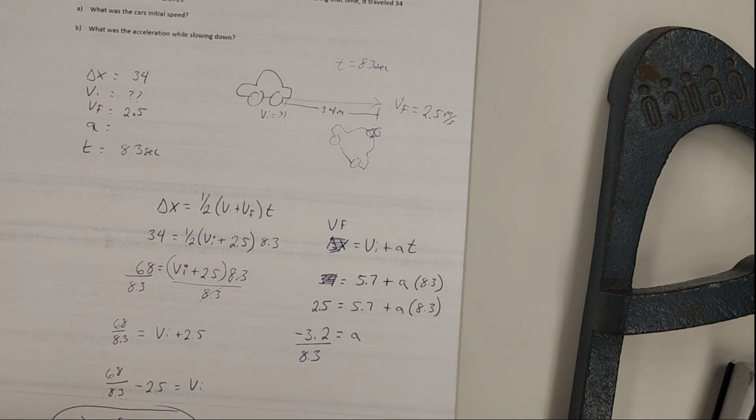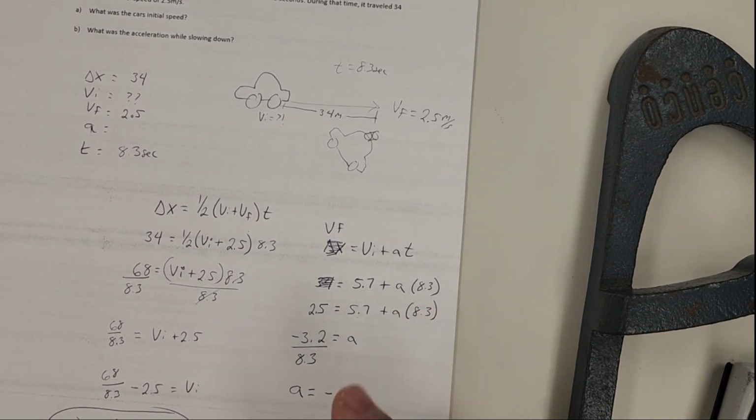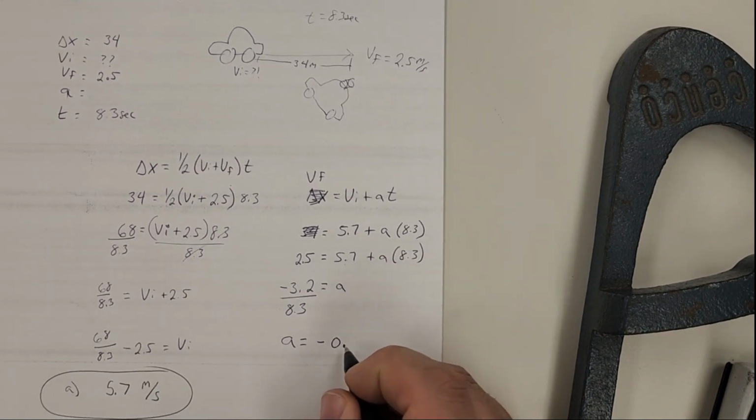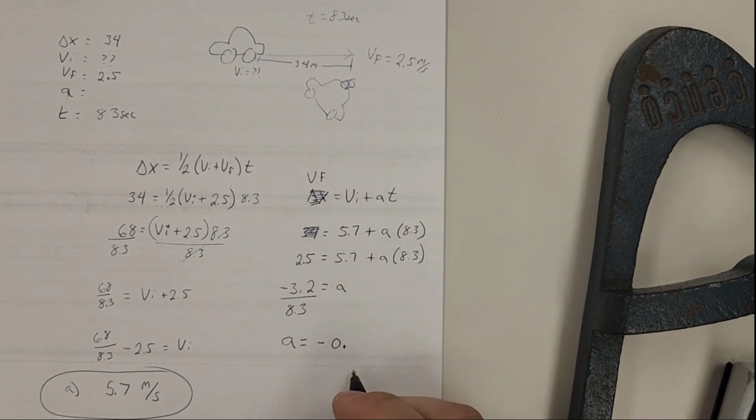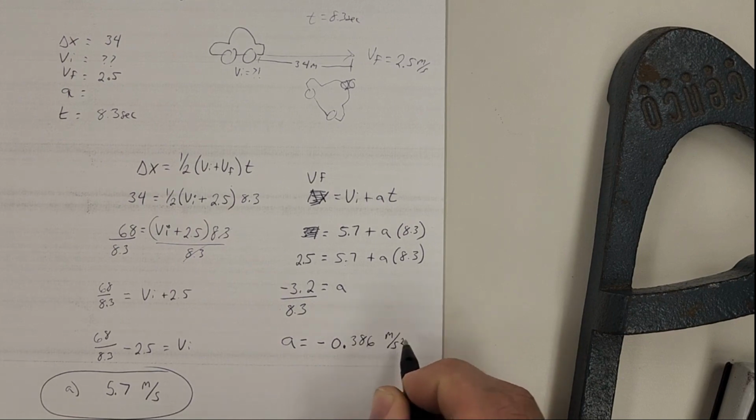Okay, so if I do that, I get an acceleration that is a negative number, and it is something small, so the person didn't slam on the brakes, but they did slow down. It is negative 0.386 meters per second squared.